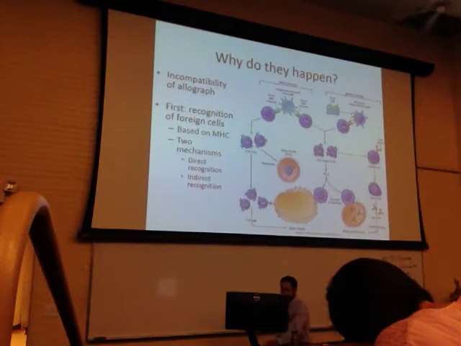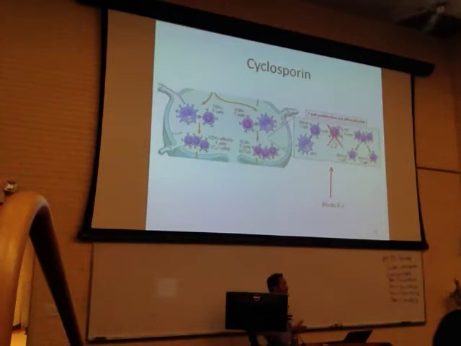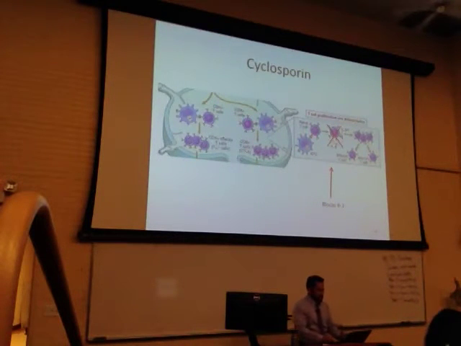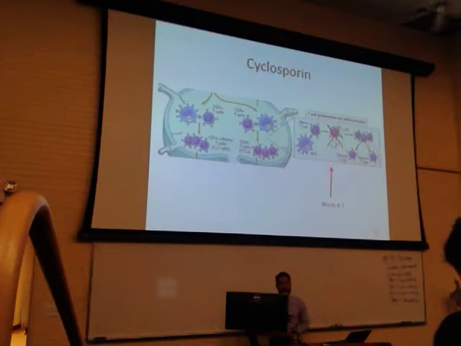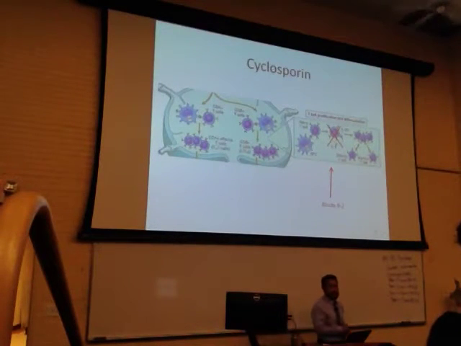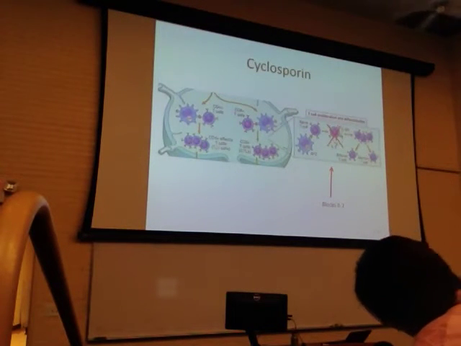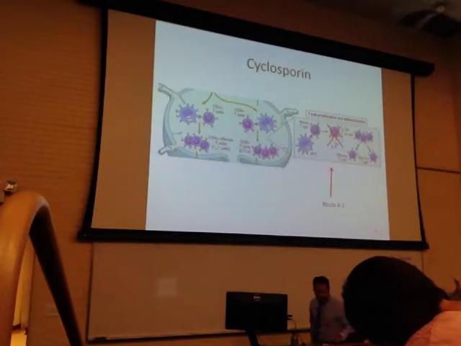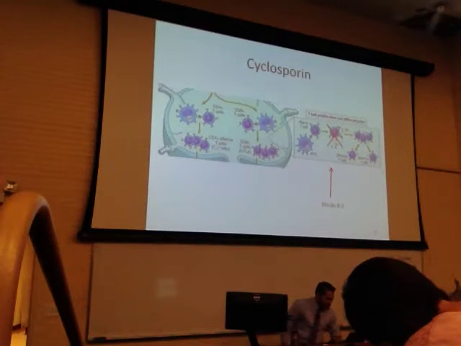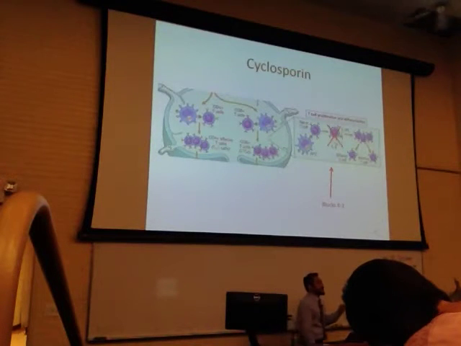Okay? Now, there's an effective treatment or an effective blocker, if you will, or mitigator, which is called an immunosuppressant drug. Now, this immunosuppressant drug is rather effective, but not bulletproof, let's say. And the reason it's effective but not bulletproof is it really targets this direct pathway with CD8.